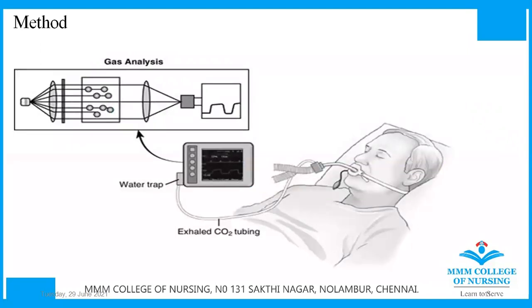The method used is that from the patient's expired air, the tube is connected, which collects the exhaled carbon dioxide and feeds it into the monitor. In the monitor, the carbon dioxide level in the expired air is sensed by the infrared rays and displayed as waveforms and readings.